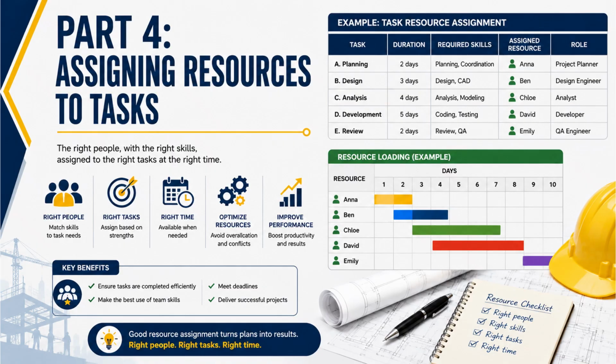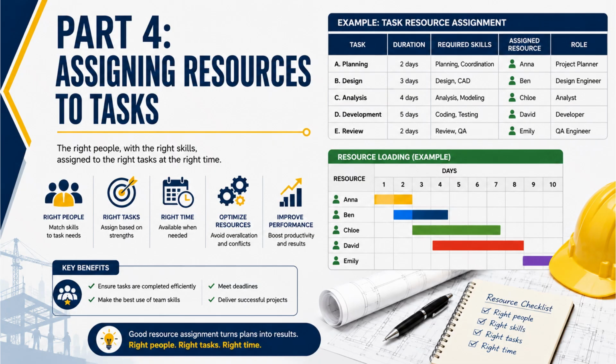Now we move to part 4, which is assigning resources to tasks. A project schedule is not complete until resources are assigned. This is because every activity requires resources to be completed. Resources can include people, equipment, materials, budget, and time.